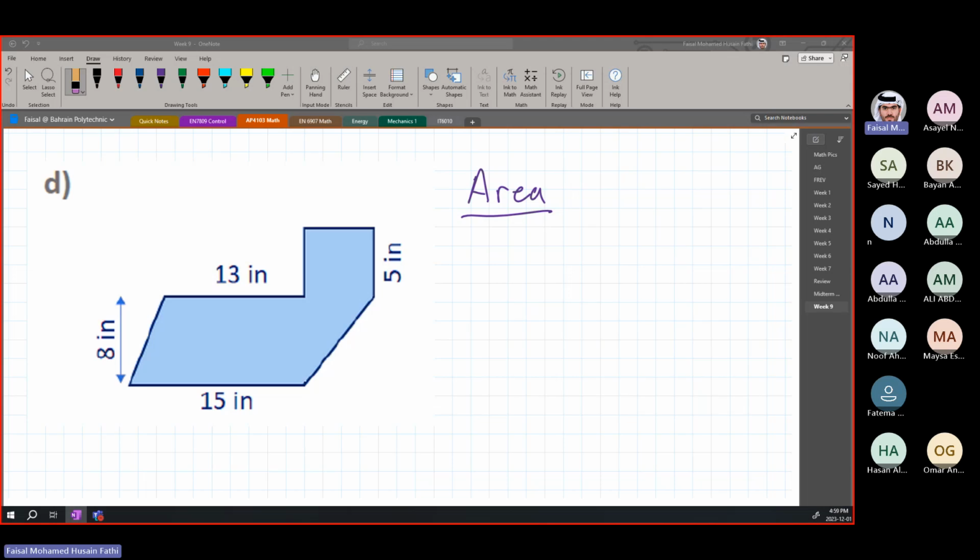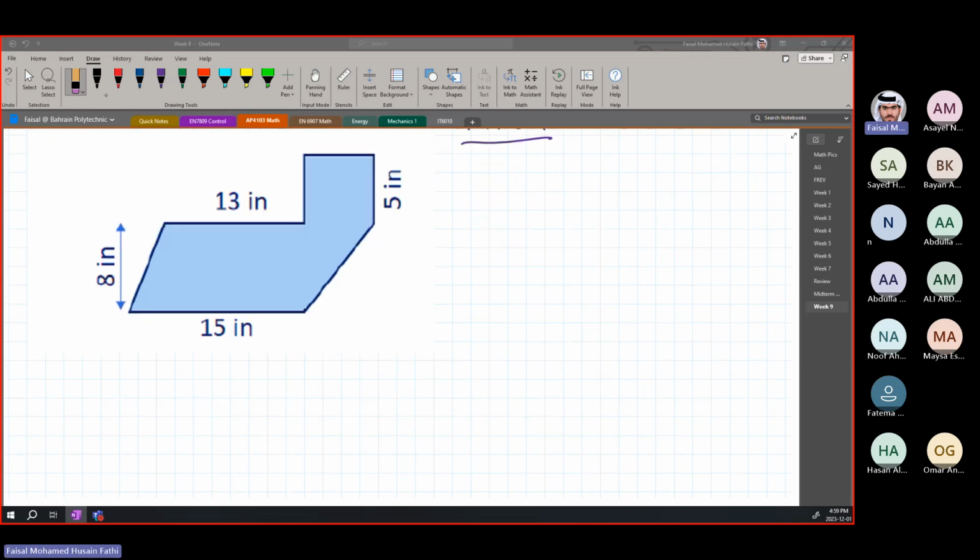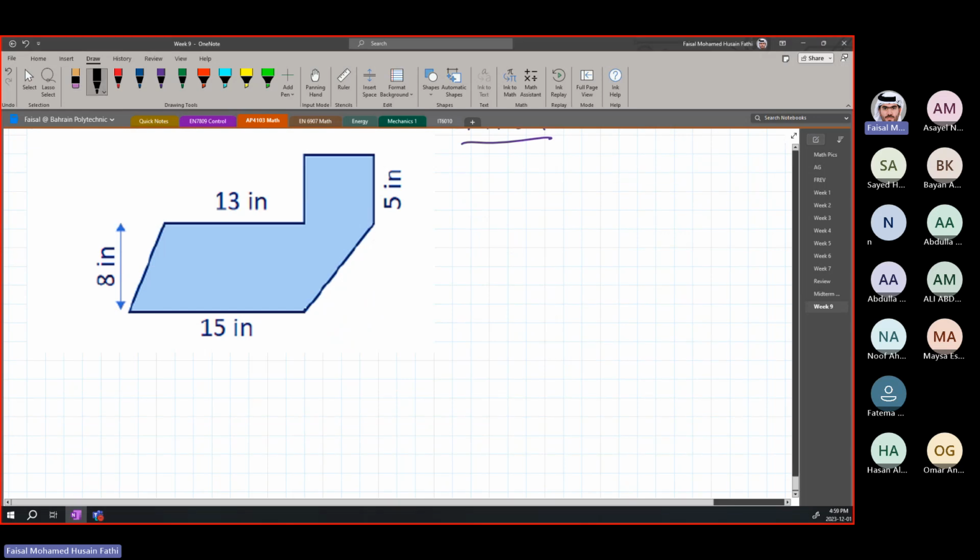Yeah, but in your assumption, you're assuming that it's a parallelogram, right? Abdullah? In your assumption, you're assuming that this is a parallelogram. That's the thing. If you notice, from the shape, yeah, if I want to do that, of course I can solve it. It's much easier. But if I draw a straight line here, these two lines are not parallel.